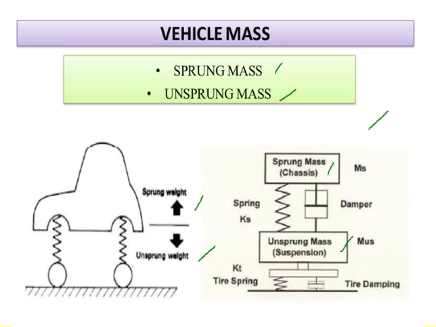Unsprung weight. Unsprung weight is the weight of vehicle components between the suspension and the road surface. This includes rear axle assembly, steering knuckle, front axle in case of rear drive rigid axle suspension, wheels, tires and brakes. The sprung weight, that is the weight supported by the vehicle suspension system, includes the frame, body, engine and the entire transmission system.